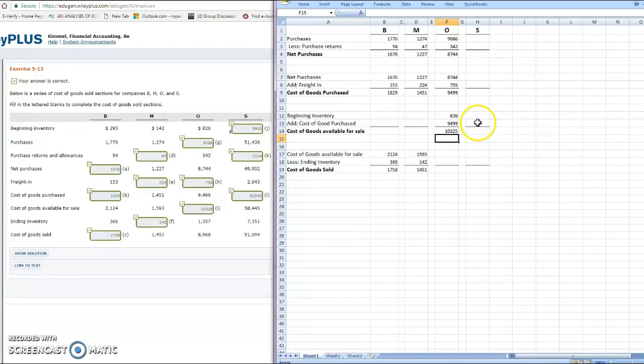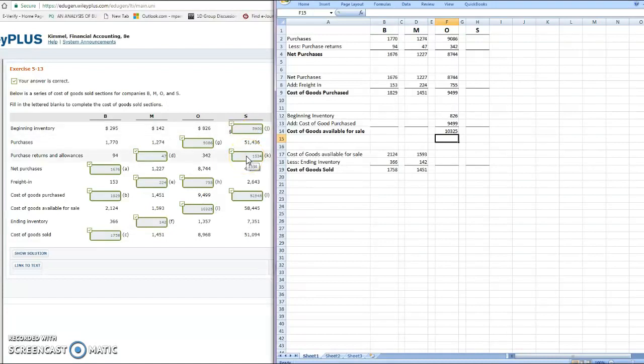So we were missing two numbers here. So I went ahead and moved on to the purchase returns and allowances first so that I could build down and get these other numbers and then come back and figure out the beginning inventory. So that's why I won't be starting with this one up here, the beginning inventory.